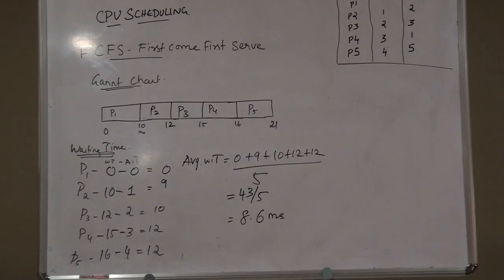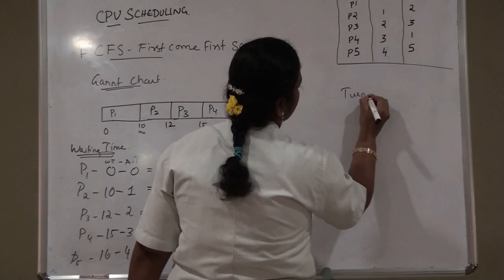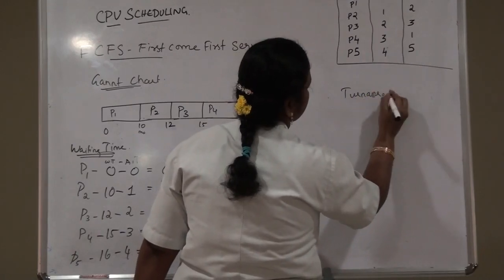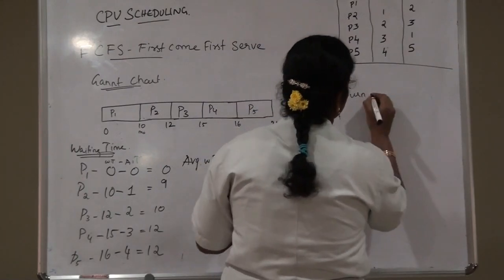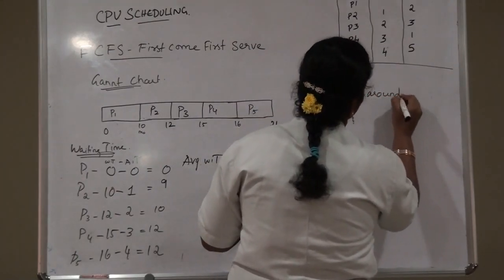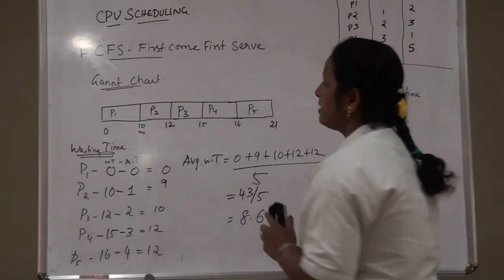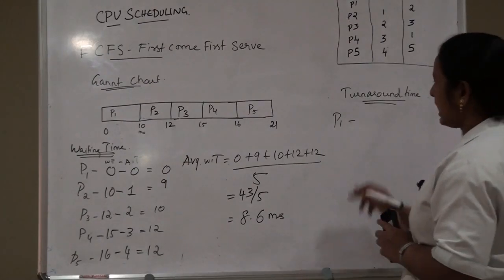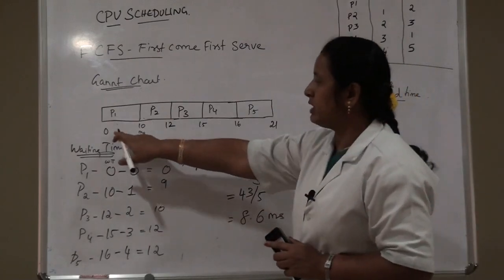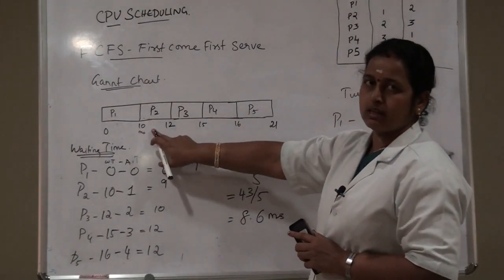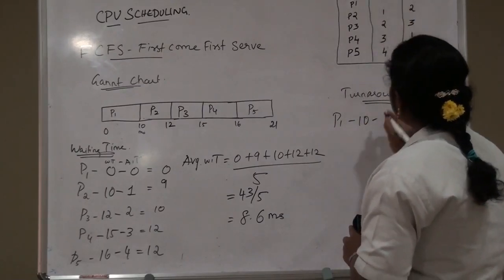Next is turnaround time. So how will you find the turnaround time? Turnaround time is the overall execution time of a process until its completion. Here P1 completes at 10 milliseconds, so it is 10 minus arrival time 0.